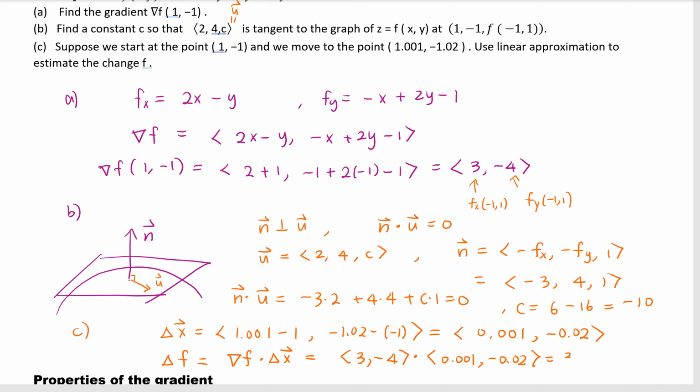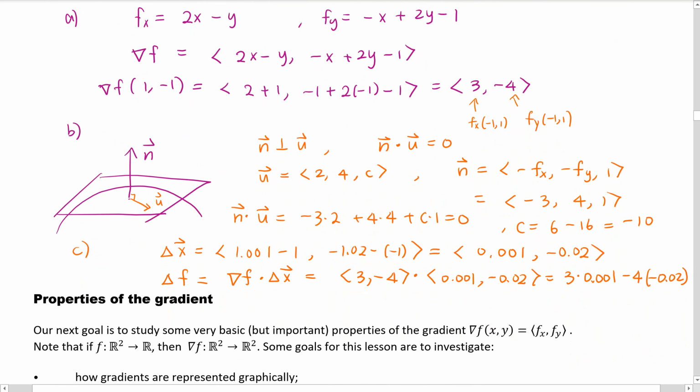So that is 3 times 0.001 minus 4 times negative 0.02. This is 0.003 minus negative, become plus 0.08. So the answer is 0.083. So far so good, everybody.